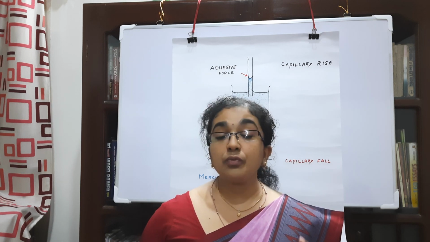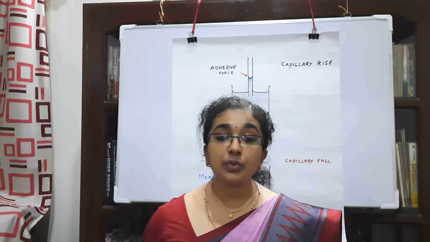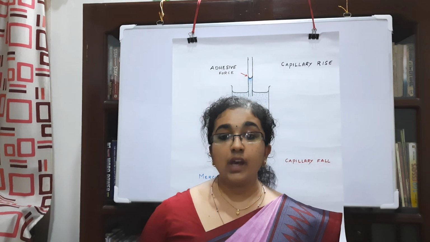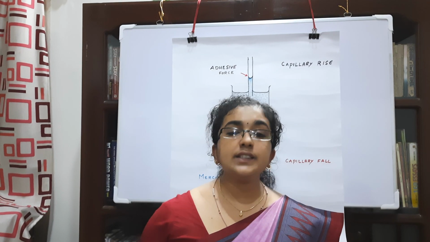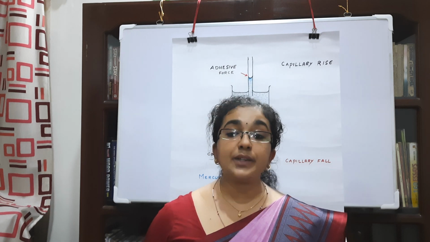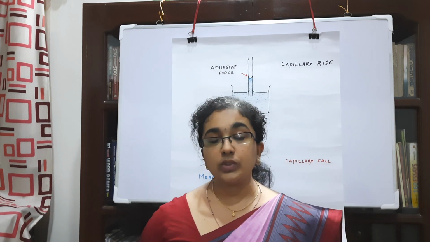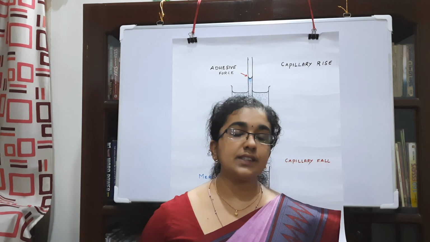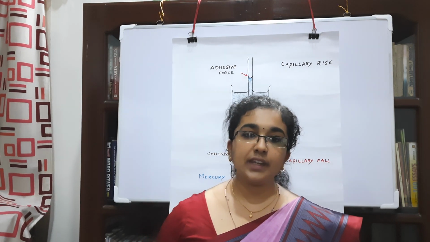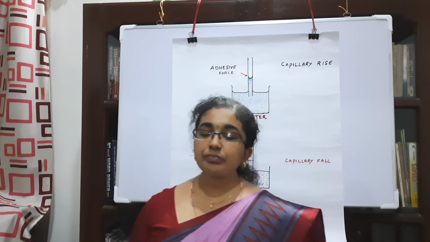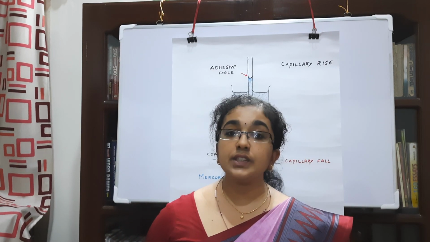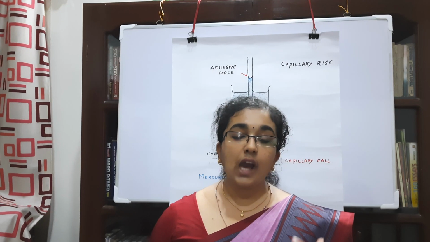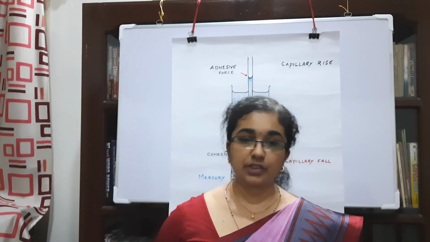The attractive force between different types of molecules is the reason for this phenomenon, and the adhesive force is the force of attraction between the molecules of different types of substances. Now next, how does surface tension affect capillary action?